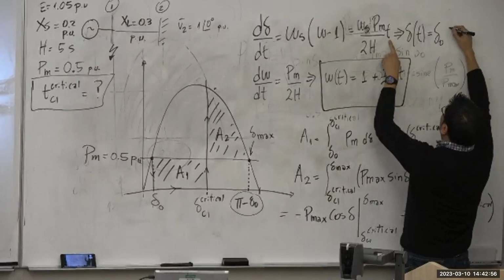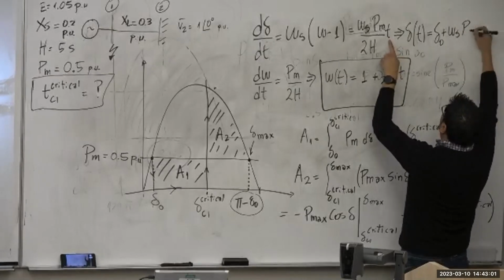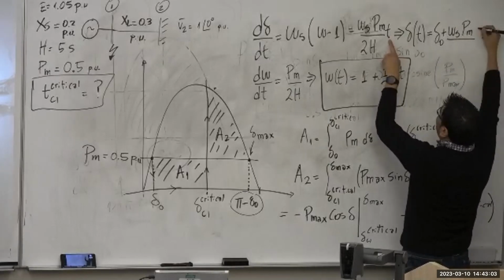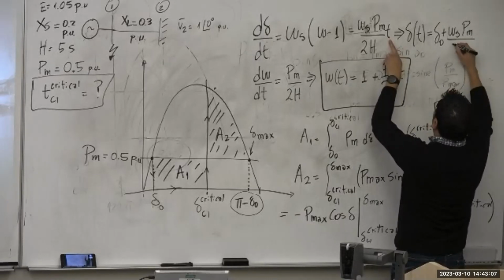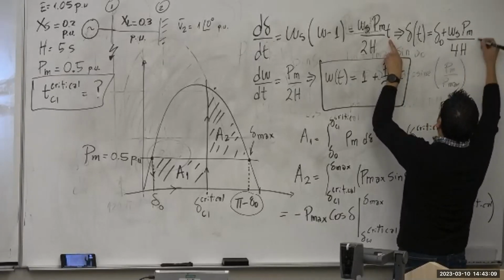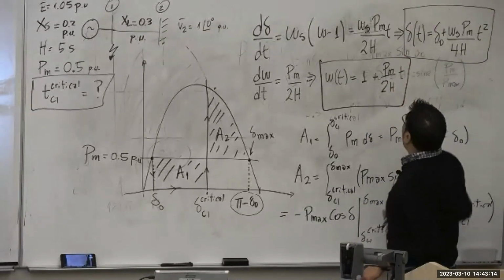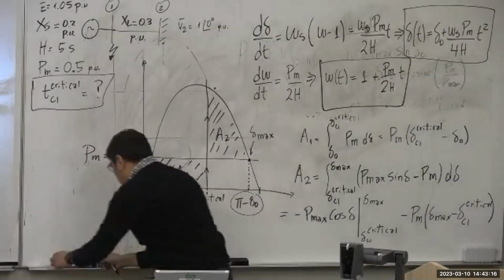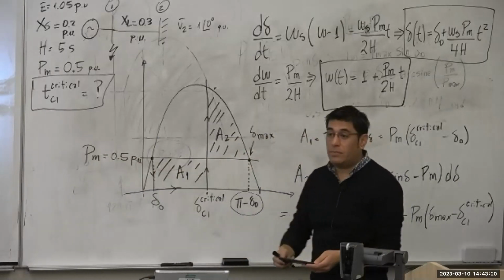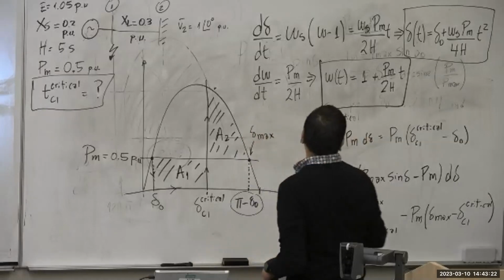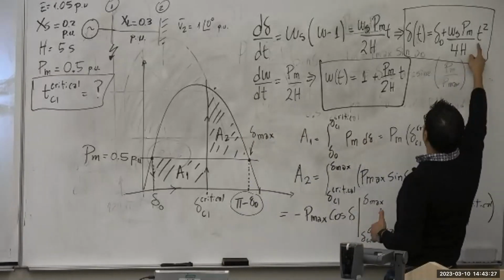So the integral of this is omega s PM t squared over 2. So that will lead to 4H t squared. So that's how the angle should change in time. Yeah. So with that expression, we can finally determine the critical clearing time.